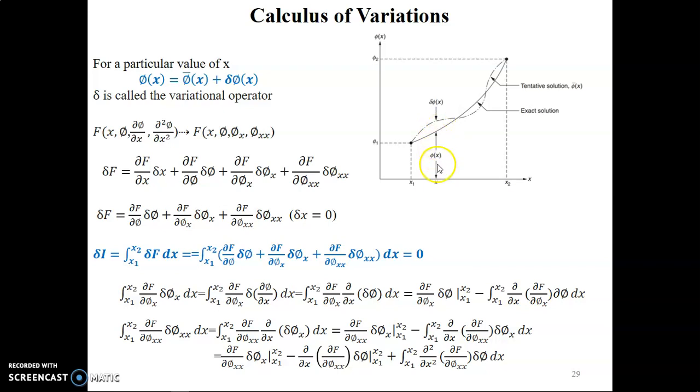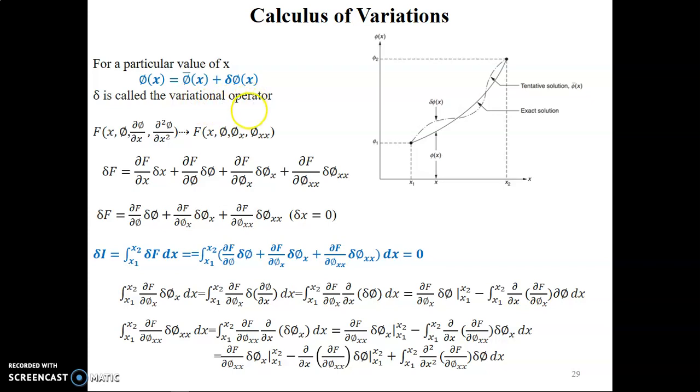Now for a particular value of x, we can write phi of x as the tentative solution, that is phi bar of x plus del of phi of x, meaning the difference between these two solutions for a particular value of x. Here del is known as the variational operator. It is similar to the differential operators used in calculus.